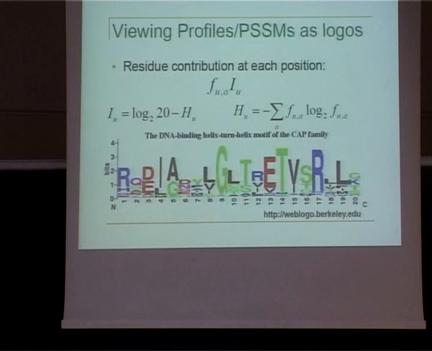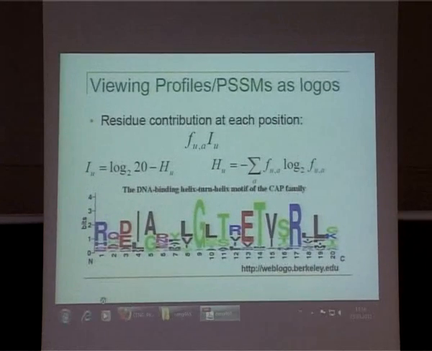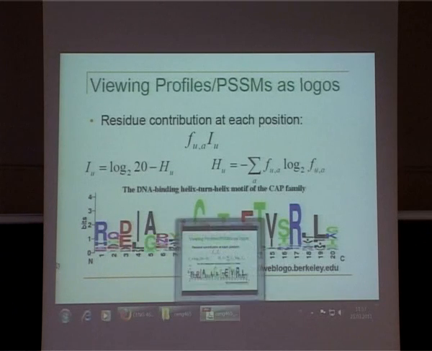And at the end, there are different ways to visualize such profiles. One visualization idea, I think it's a nice idea, is taken from information theory. It is this web logo approach from Berkeley. Here, look at this.